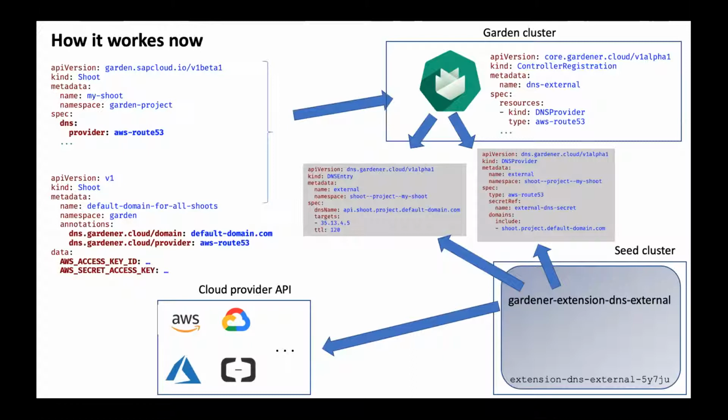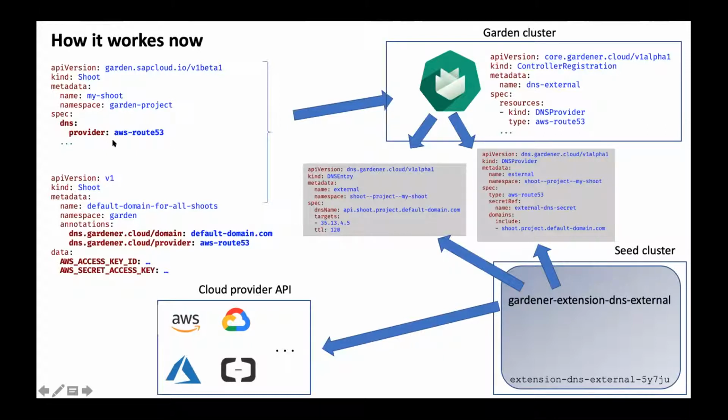Is the third way also working? The third option was always to specify the domain and nothing else. I guess that continues to work. Yeah. So there's still this provider called unmanaged. If you say provider is unmanaged, then Gardener does nothing with DNS. But you can also say the provider is unmanaged and still provide the domain name.